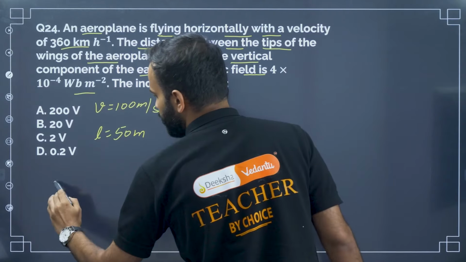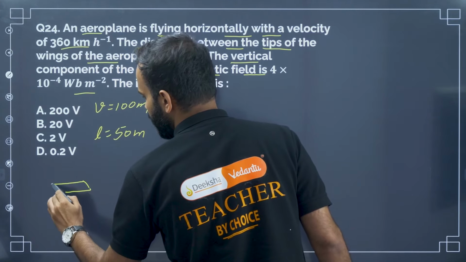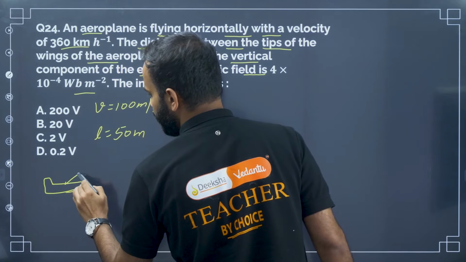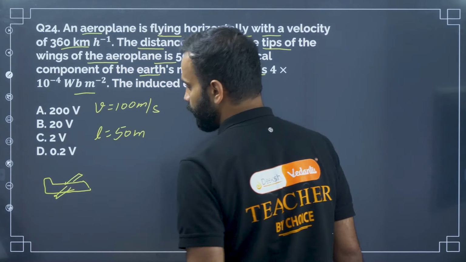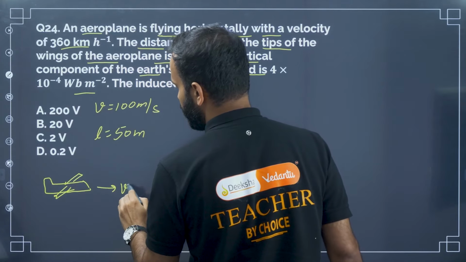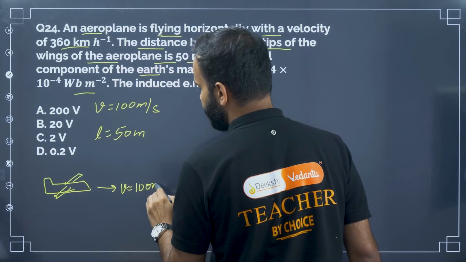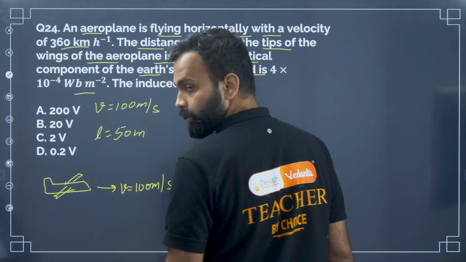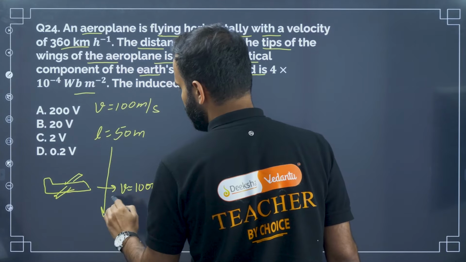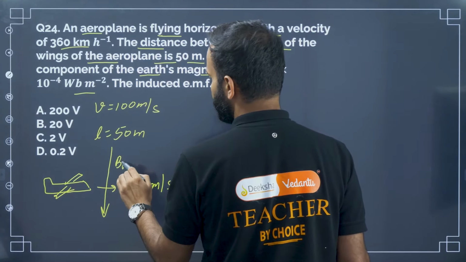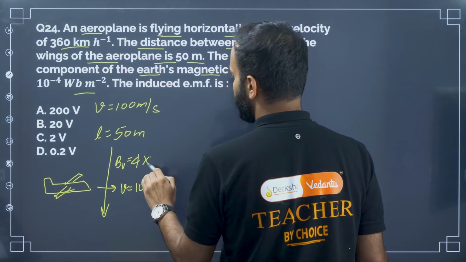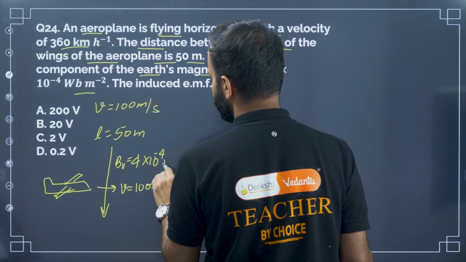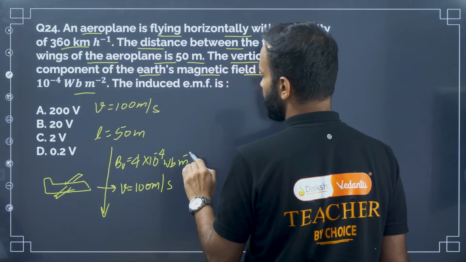Let's draw the diagram. This is the aeroplane, these two are the wings. The aeroplane is moving with velocity 100 meter per second, the length is 50 meter, and this is the direction of the vertical component of the magnetic field.